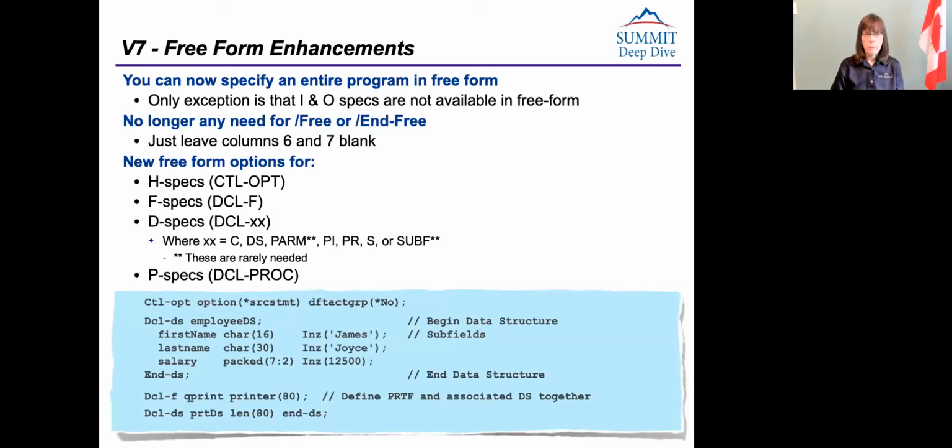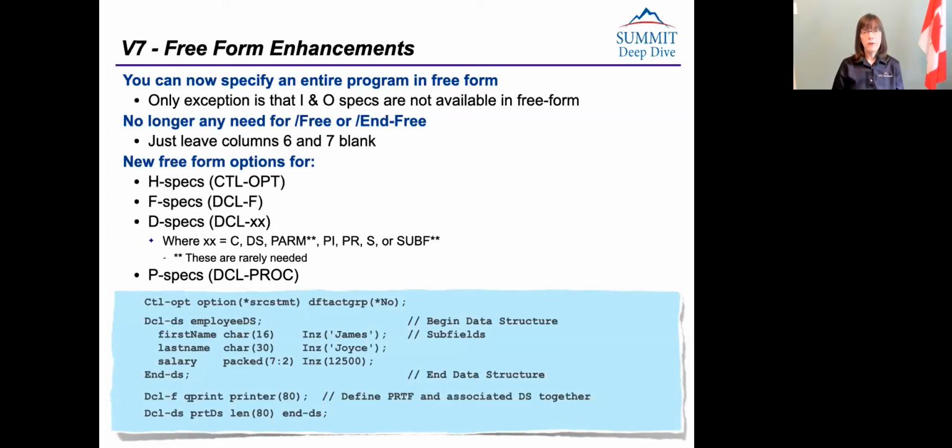This came in 7.1. So you can now specify an entire program as long as the program doesn't have any I and O specs in it. It can all now be completely freeform. Starting with 7.1, you no longer need the /free or /end-free. They can be there unless it's a free member, as I told you before.